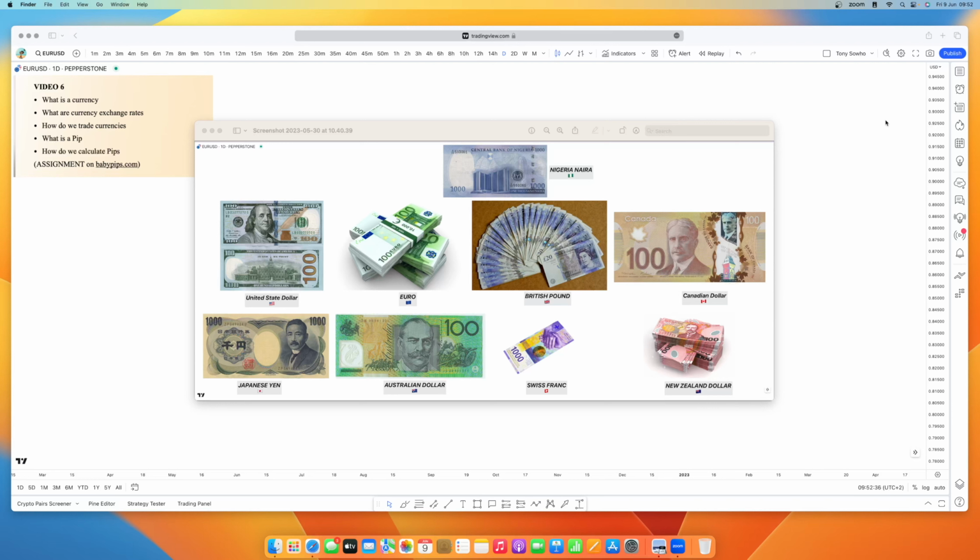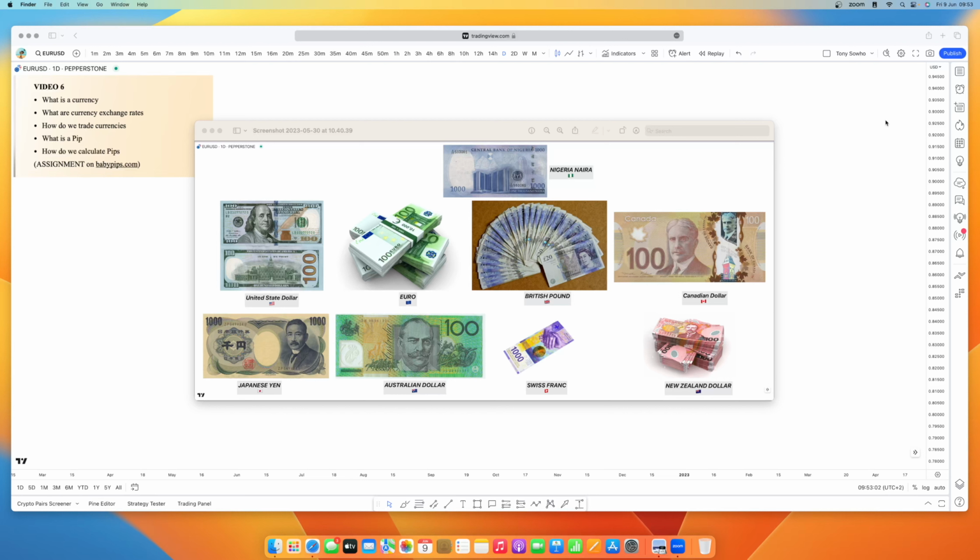To the center of my screen, you can see this image. I'm sure if you watched the video you must have seen it. I'm bringing it again on this call because today we are talking about what a currency is. As you can see, these are currencies for different countries. At the top, we have the Nigerian naira.